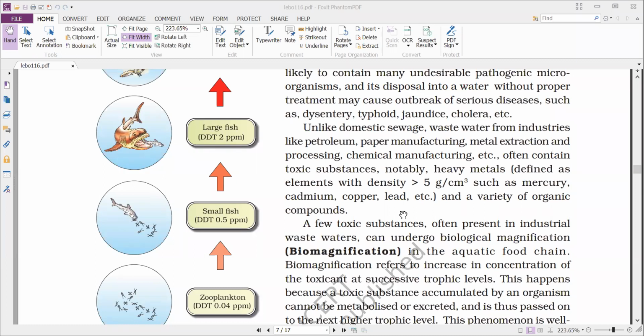If added to the nearby water bodies from the industrial waste, it results in a phenomenon called biomagnification. That means these chemicals get accumulated from one trophic level to another trophic level. Why is it getting accumulated?